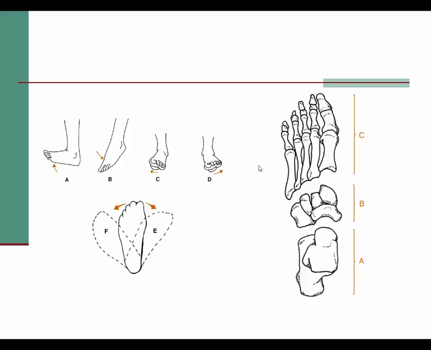You've got E and F. Actually, let me switch that around. C is considered more of a supination, and D is a pronation of the foot, and then E is inversion, F is eversion. What I will do is clarify that a little more for you once we get into the lecture portion in the class.